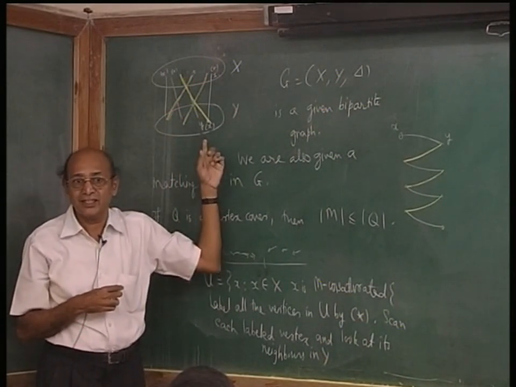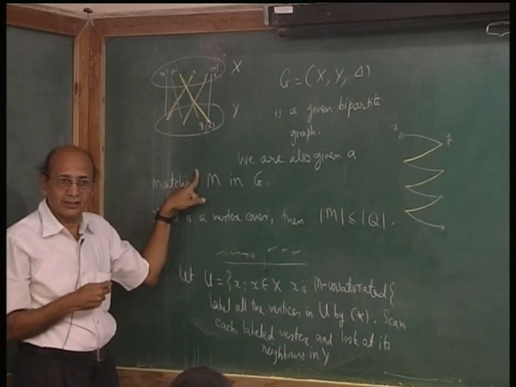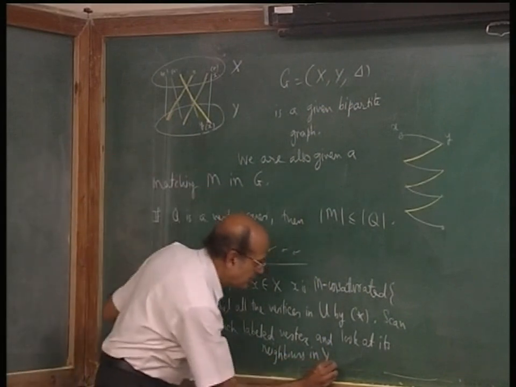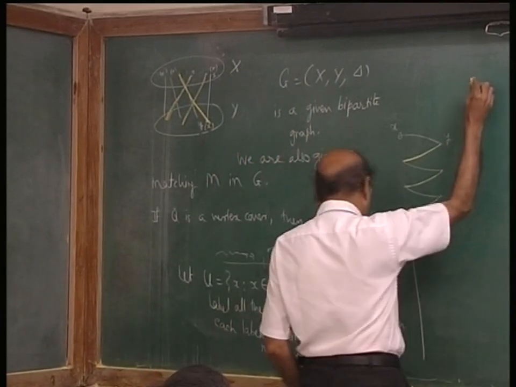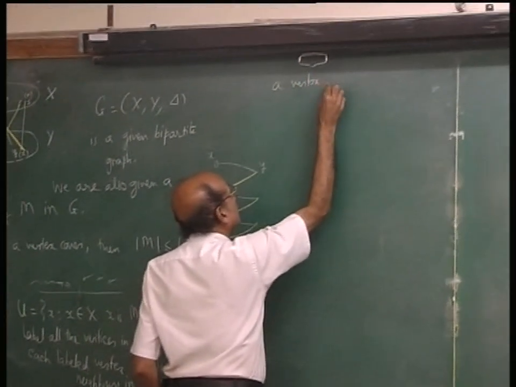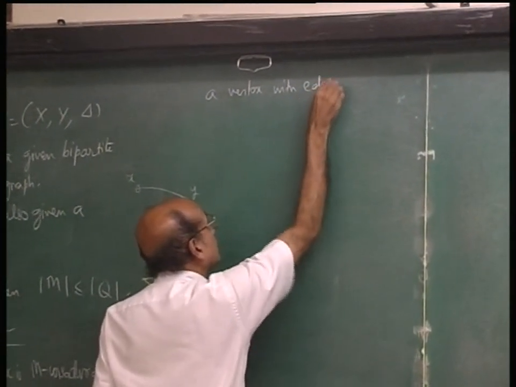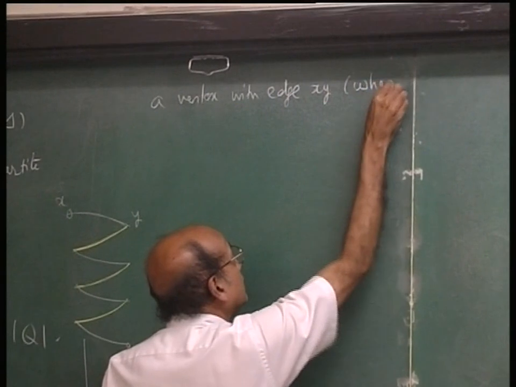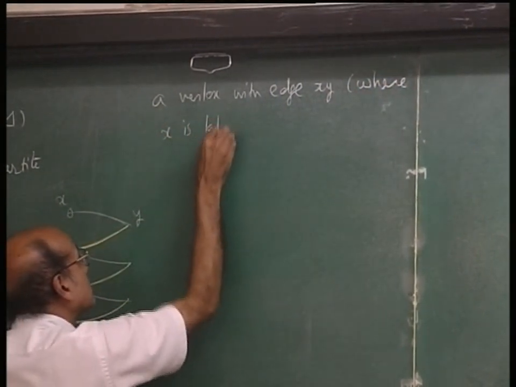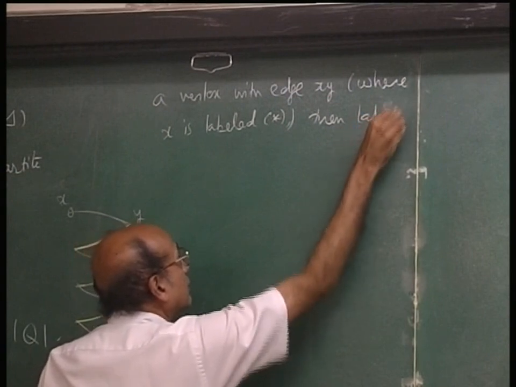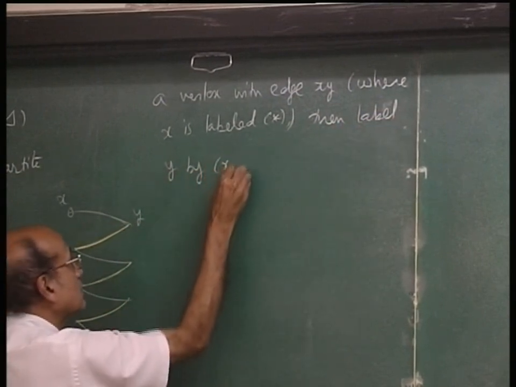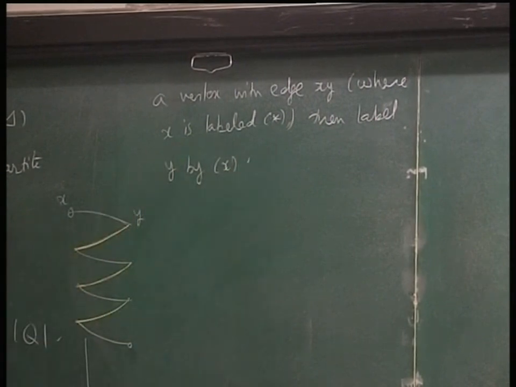This is for record purpose, that you approach Y from X. If Y is such a vertex, it may be the case that this vertex Y can also be labeled by something else.